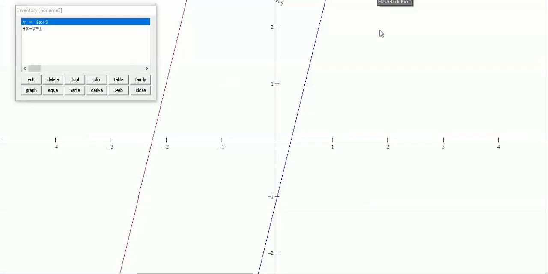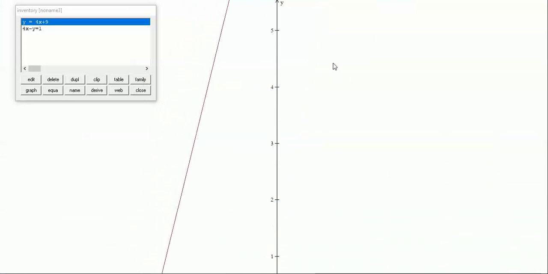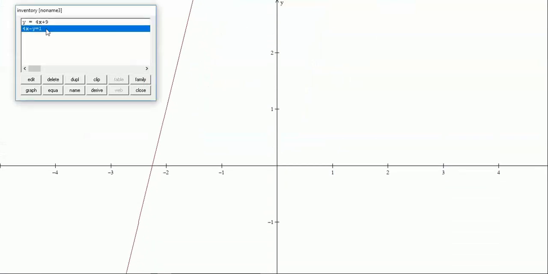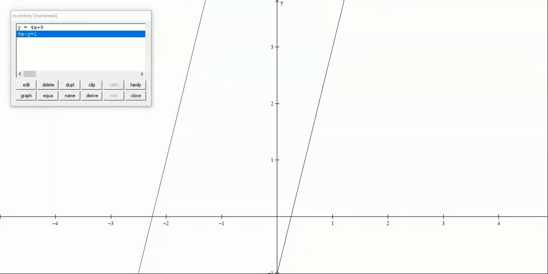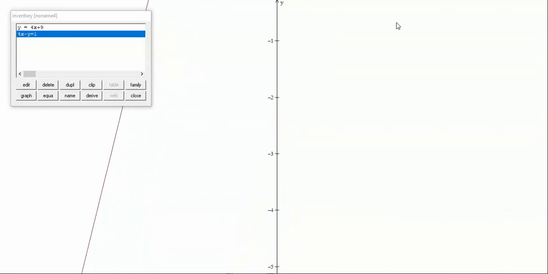Well, here's where I just went ahead and graphed the two lines. Graphically, it certainly looks like these two lines are not going to intersect.